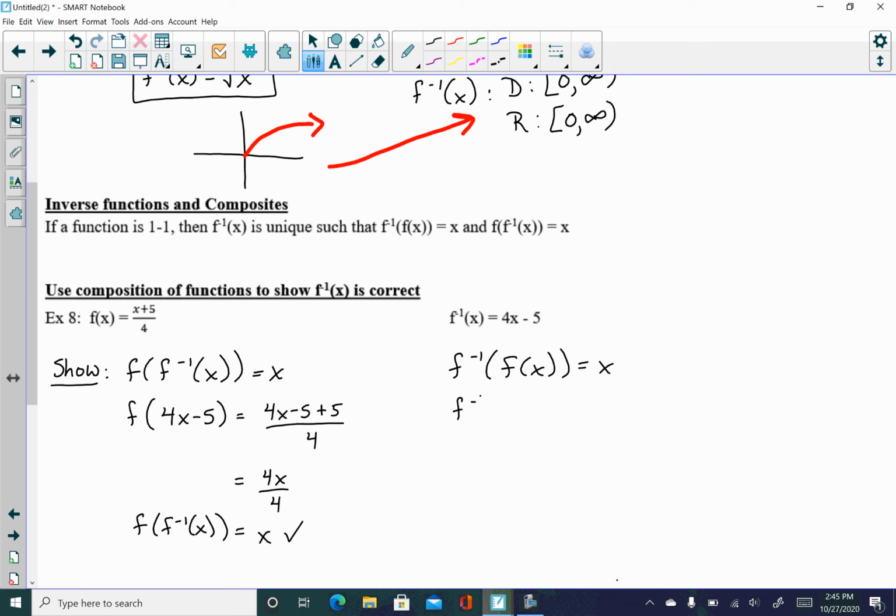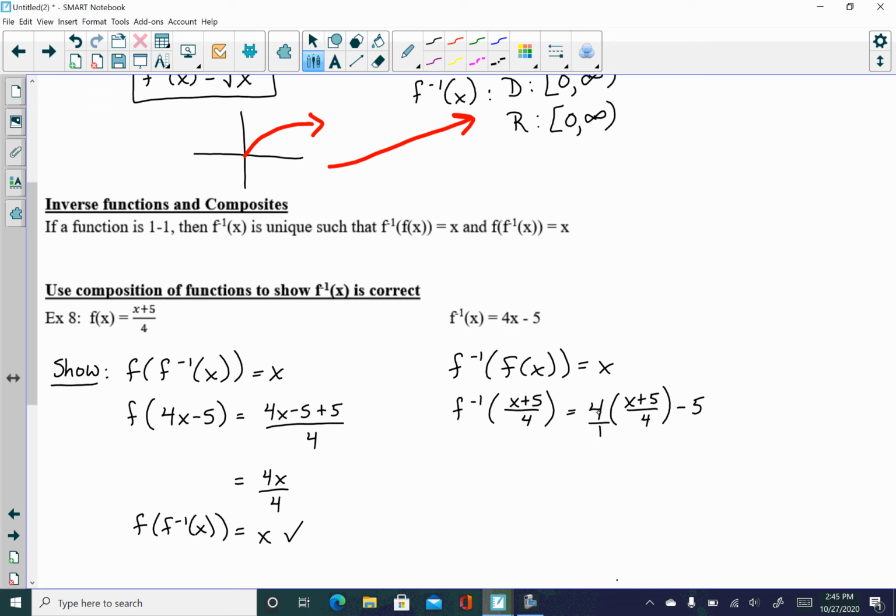So now over here, f inverse of f of x, work from the inside out. So f of x we know is x plus 5 all over 4. This says now go to your inverse function. Everywhere you see an x, plug in this x plus 5 over 4. So I have 4 parentheses, x plus 5 over 4 minus 5. Notice now, think of this as like 4 over 1.